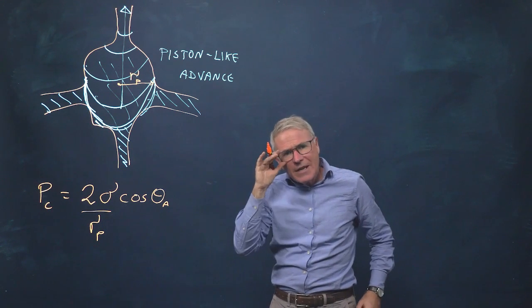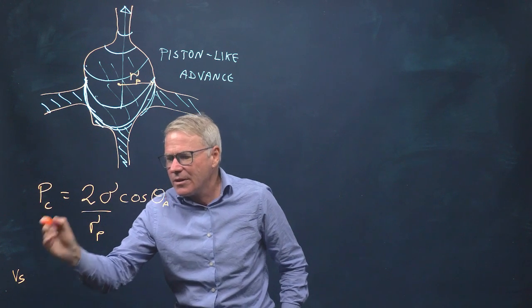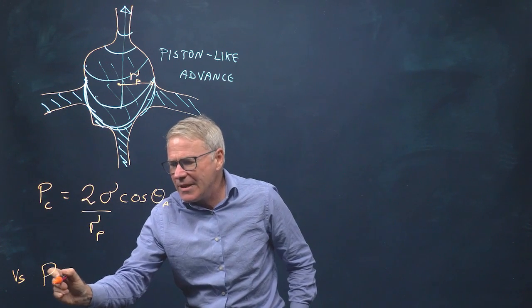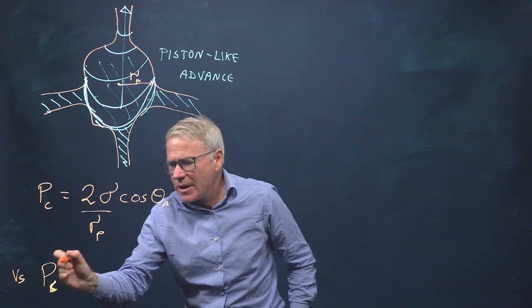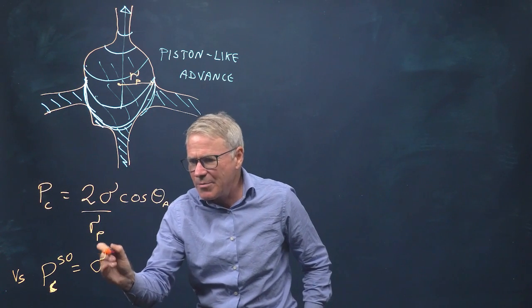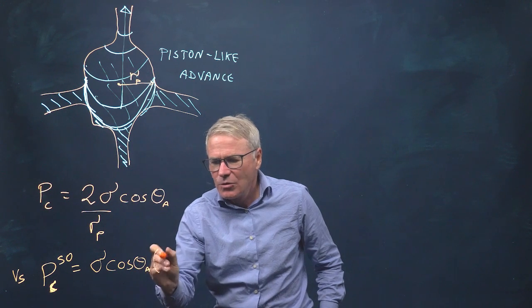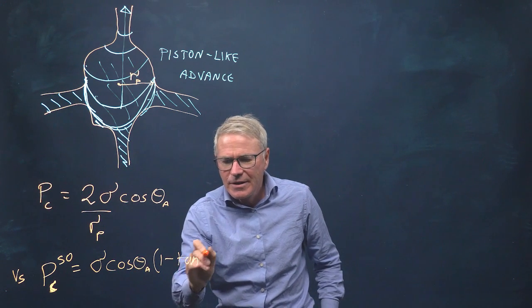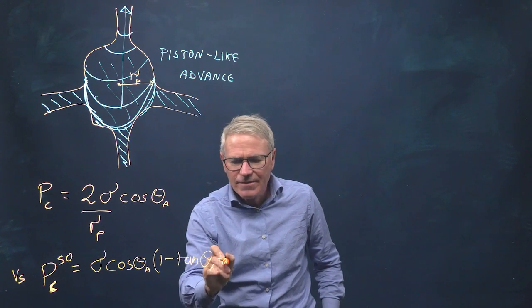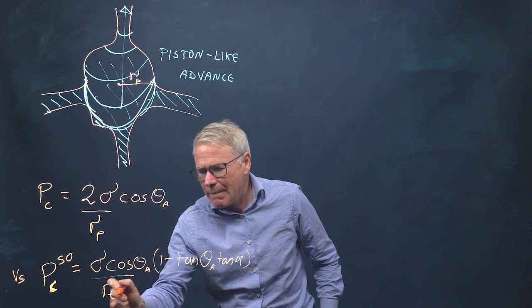Now, let's think about this carefully. This is versus PC for snap-off, SO, is 1 sigma cos theta (1 minus tan theta tan alpha) over RT.